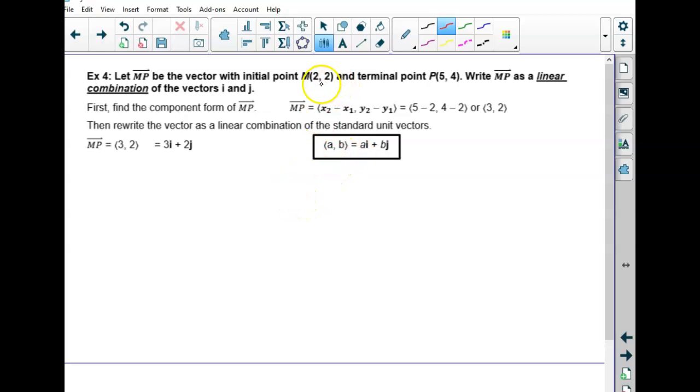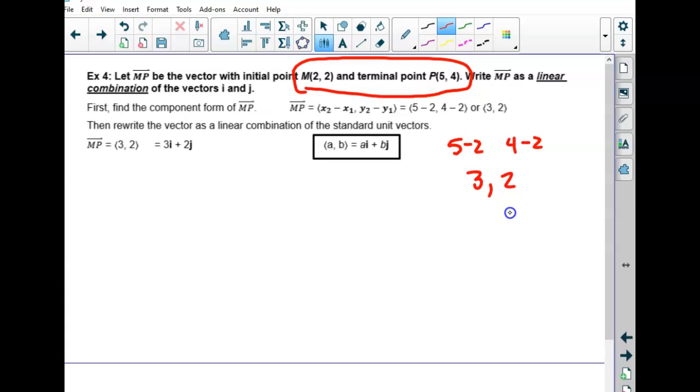So their example here was, say you went from M to P, we would do the same way we did yesterday. 5 - 2 and 4 - 2 would be 3, 2. And then instead of writing 3, 2, you write 3i plus 2j. It's a different notation, okay? It's used in certain fields. They call them ij instead of just components, okay?